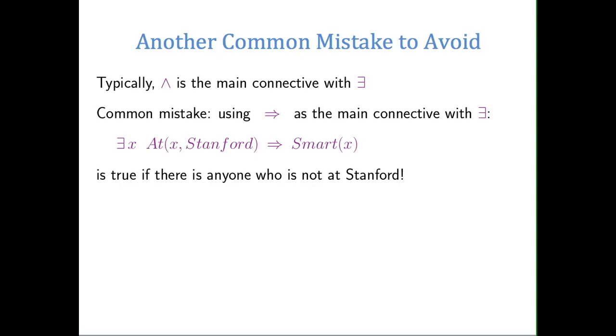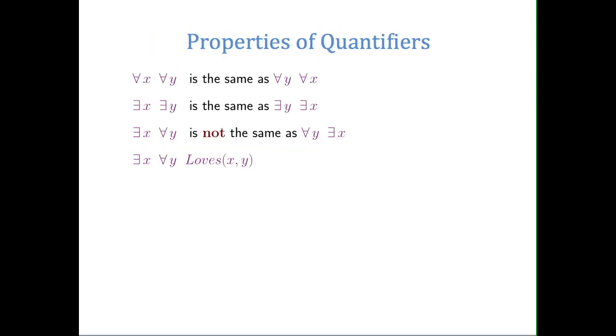If there's any x who is not at Stanford, and presumably there are lots of x's for whom that is true, then the implication as a whole is true, right? Because if the premise of the implication is false, then the implication as a whole is logically true. That means that if you say there exists an x such that at(x, Stanford) implies smart(x), it's true if there's anyone who is not at Stanford, which is probably not what you had in mind in the first place.